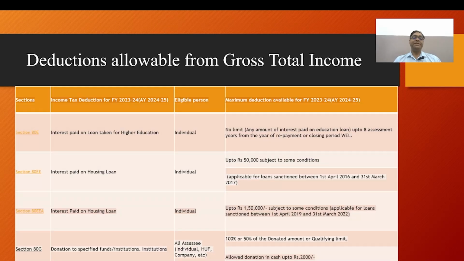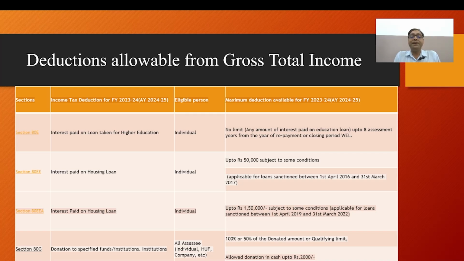Now the remaining section is section 80E, interest paid on a loan taken for higher education. Suppose your child is studying and you are taking a higher education loan, you can take the benefits regarding this loan.